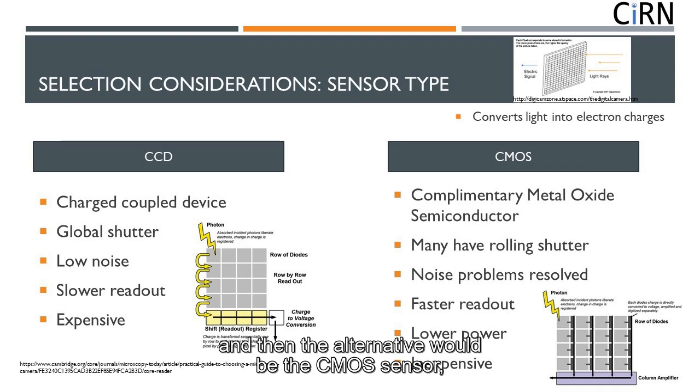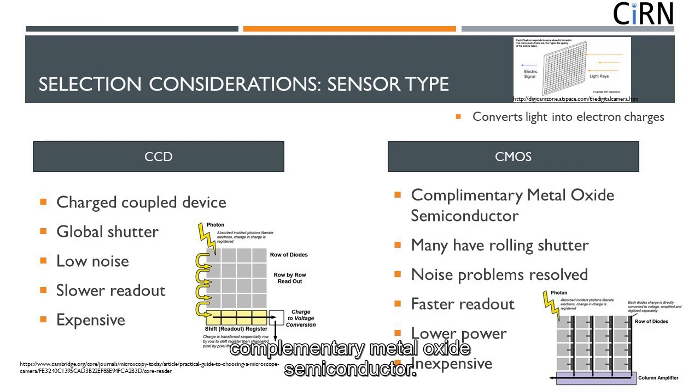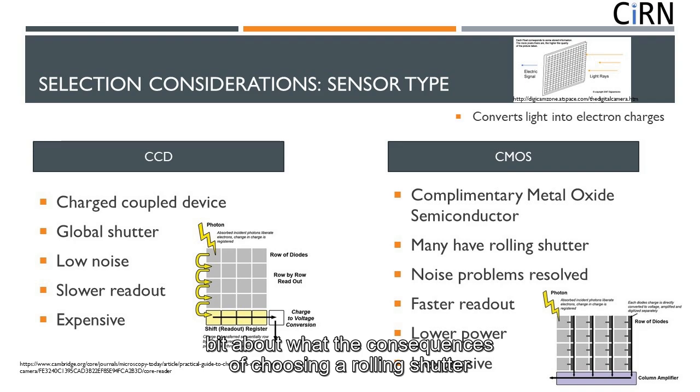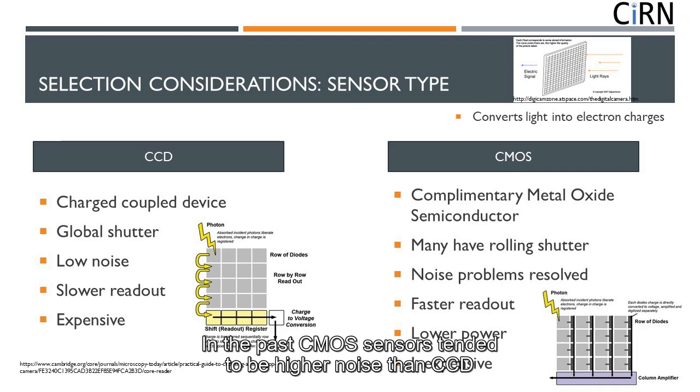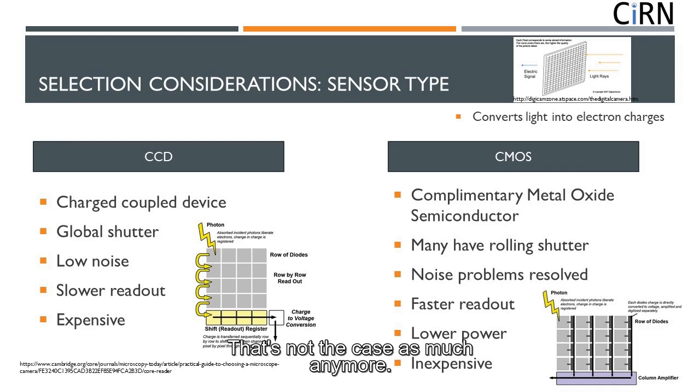And then the alternative would be the CMOS sensor, complementary metal oxide semiconductor. These tend to have a rolling shutter, and we'll talk a little bit about what the consequences of choosing a rolling shutter mean for coastal imaging in a second. In the past, CMOS sensors tended to be higher noise than CCD sensors. That's not the case as much anymore. The engineering's a little bit better, so some of those noise problems have been resolved.